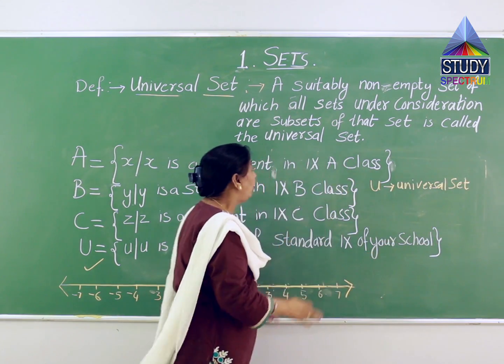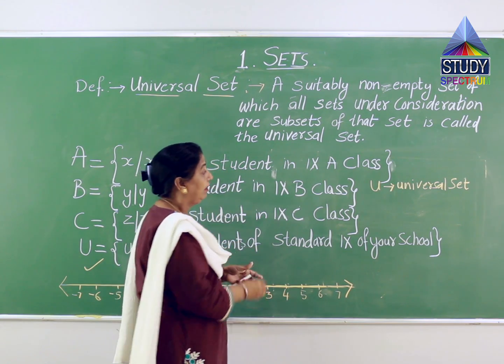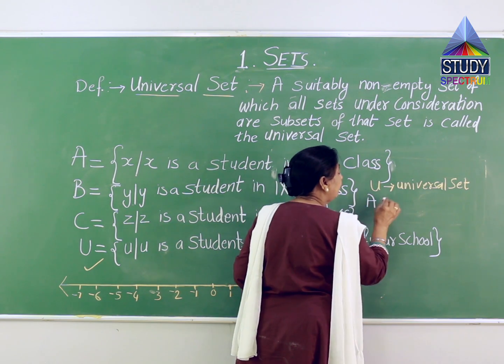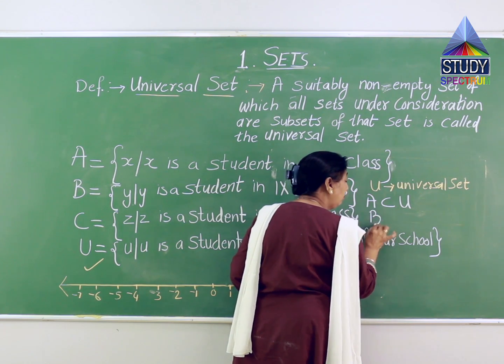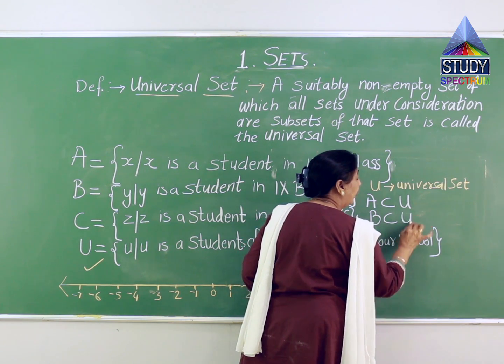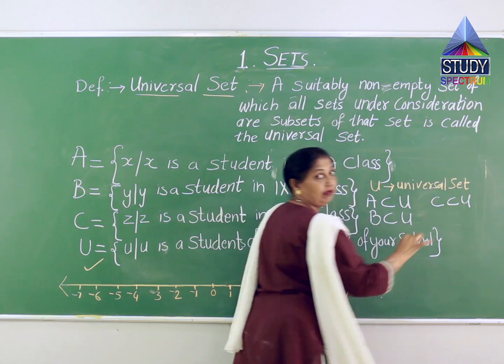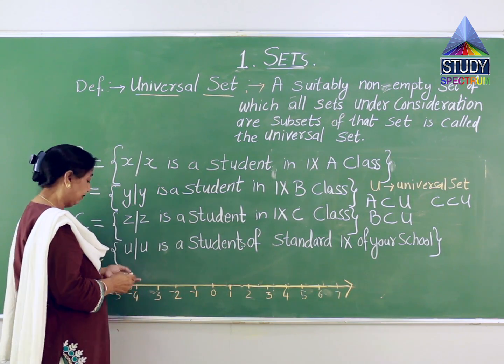Because it contains all the elements which are there in A, B and C. So I can show the relation like this: A is a subset of U, B is also a subset of U, and C is also a subset of U. Right? In the same way, I'll explain another example.